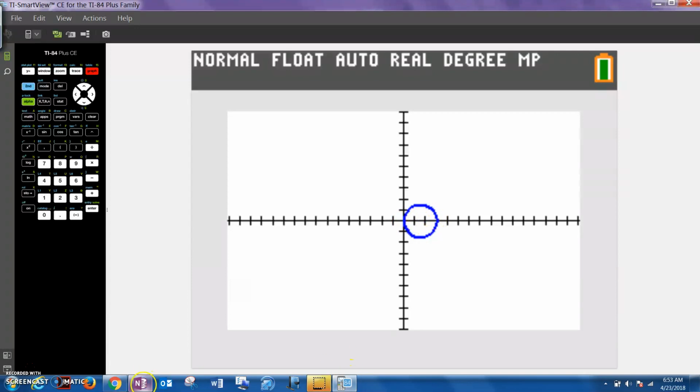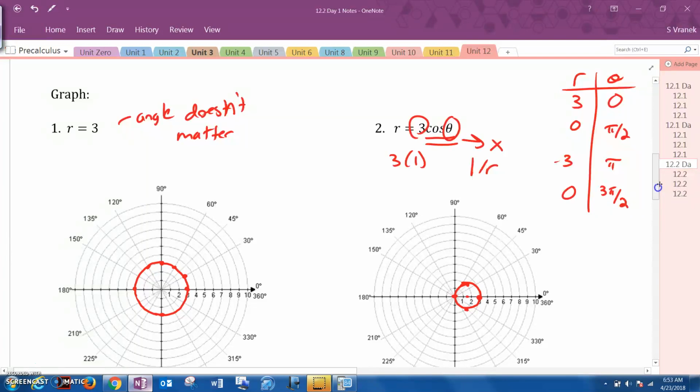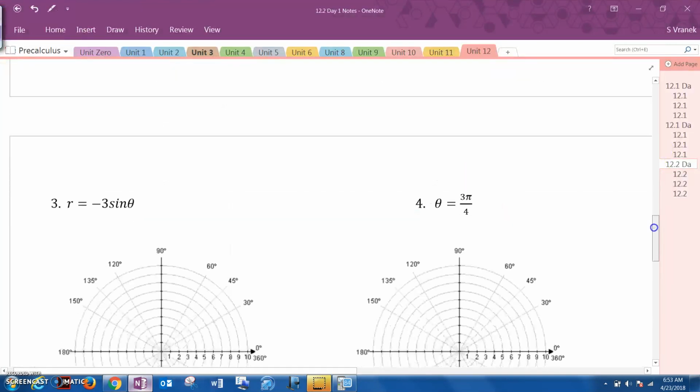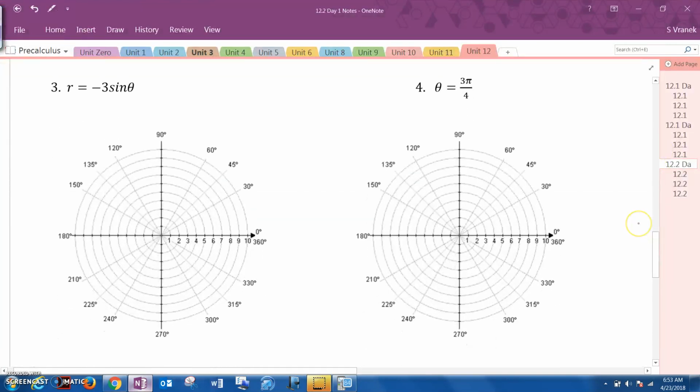Okay. So then, based on that, let's try the next one. Of course, this always freezes on me. Here we go. Let's try to guess where this circle will be, because again, this is the same format as the last one, except it's negative and it's sine. So since it's a 3, the diameter will be 3.